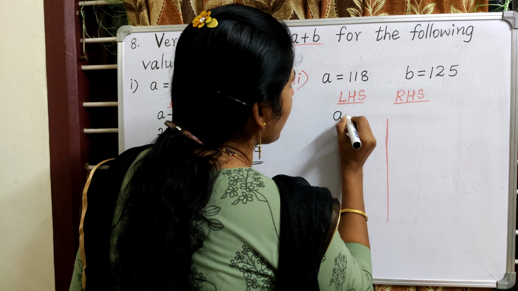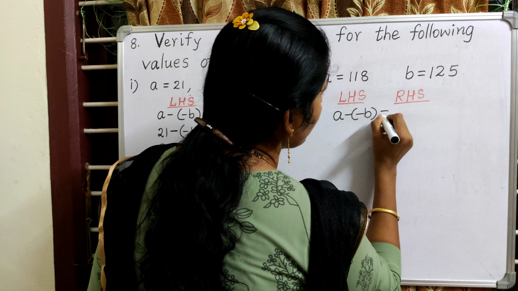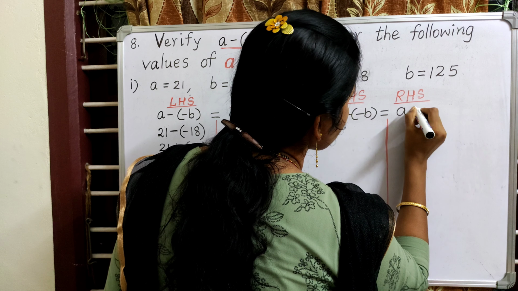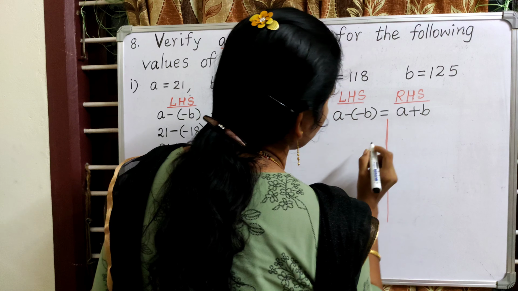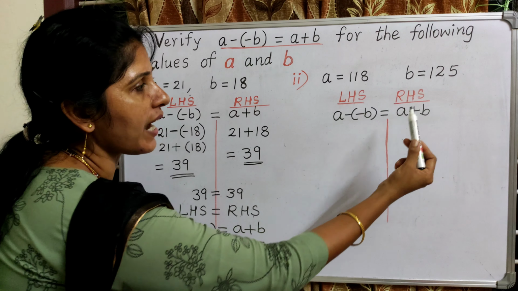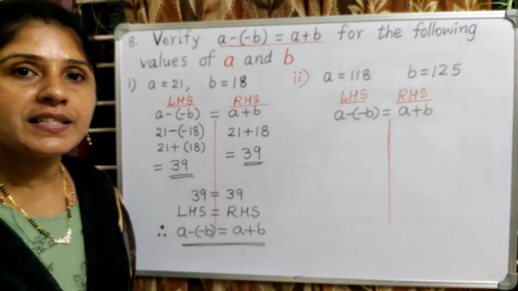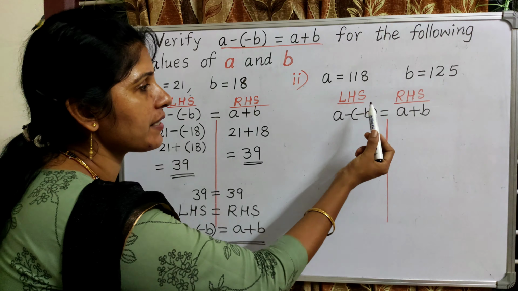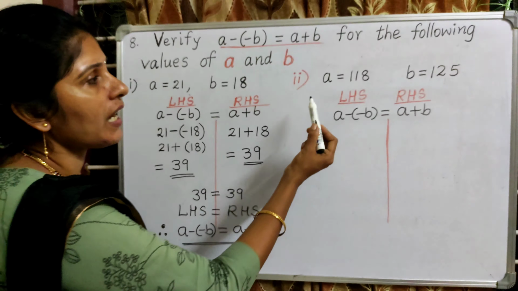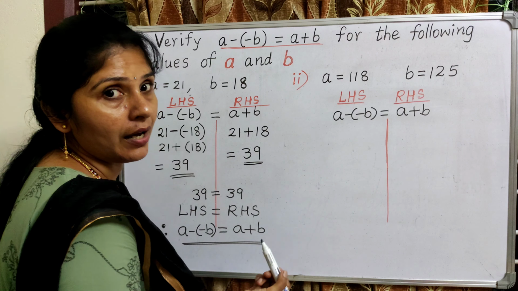A minus minus B is equal to A plus B. The formula has two sides, left hand side and right hand side. First, let us solve the left hand side.